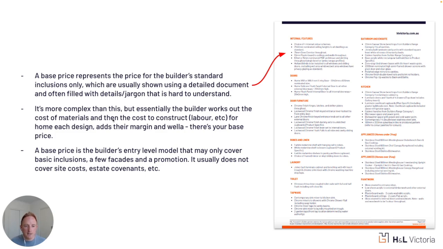Now it is more complex than this, but essentially the builder works out the cost of materials and then the cost to construct, like the labour, for each home design. Then sometimes they'll put in a promotional allowance. So let's say, for easy numbers, a builder may say it costs me $5 for the materials, $5 to construct and process it, including drafting and all those other expenses.